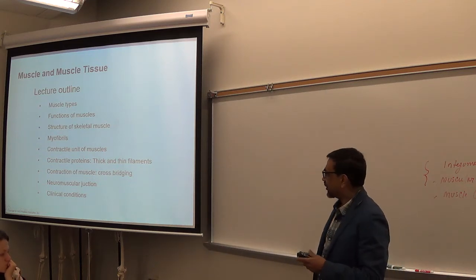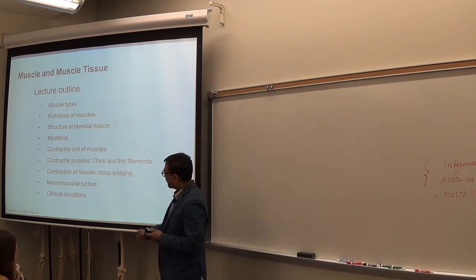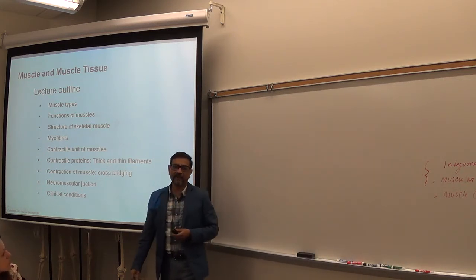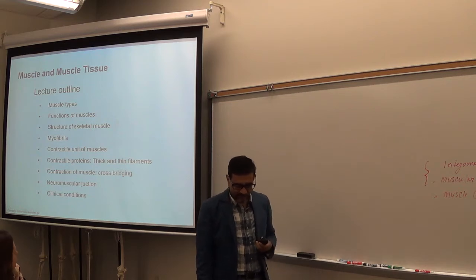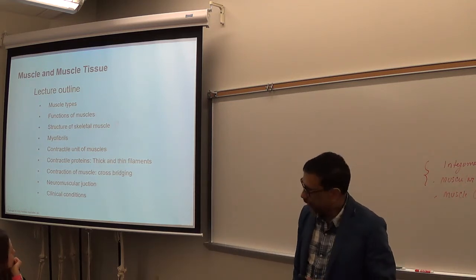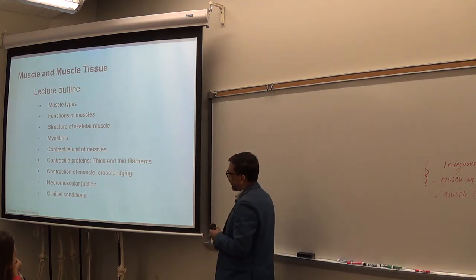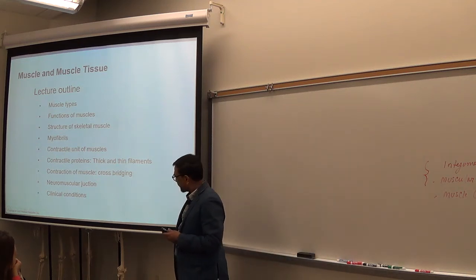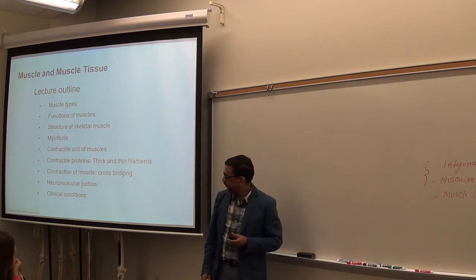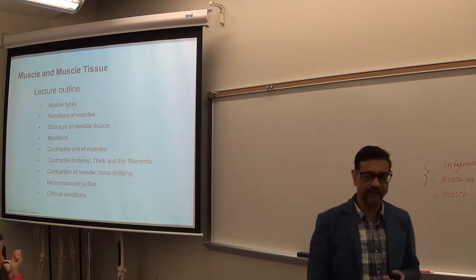Contractile units include the contractile proteins and thick and thin filaments. So we'll see who the contractile proteins and thick and thin filaments are. Then we'll talk about a couple other things: cross bridging, neuromuscular junction, and clinical conditions.